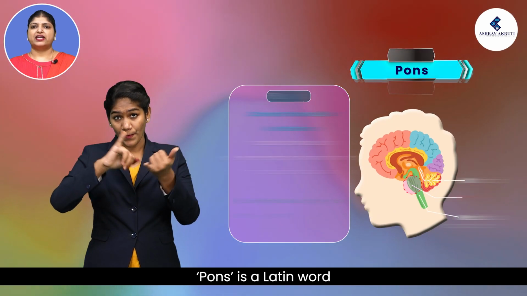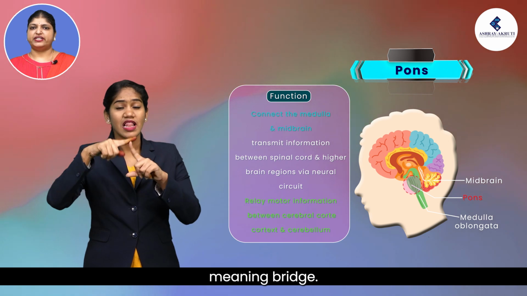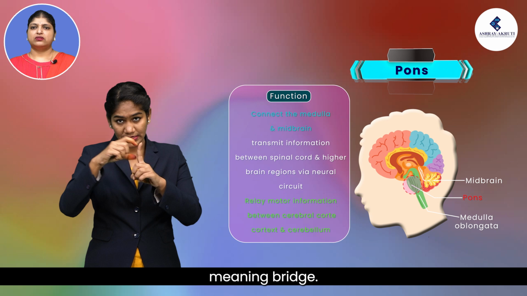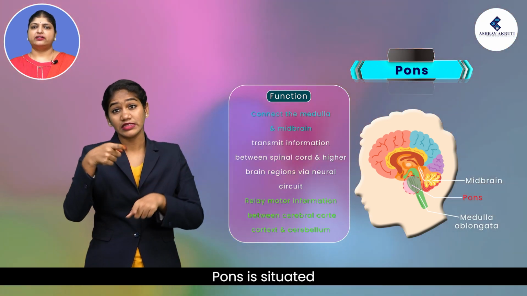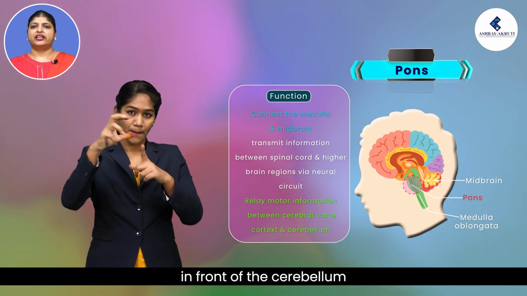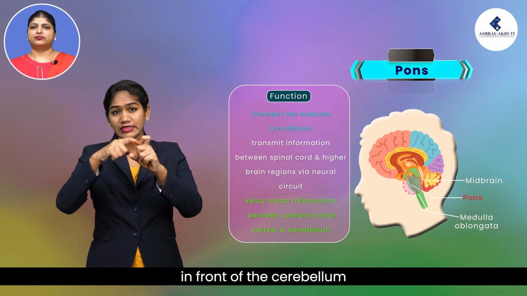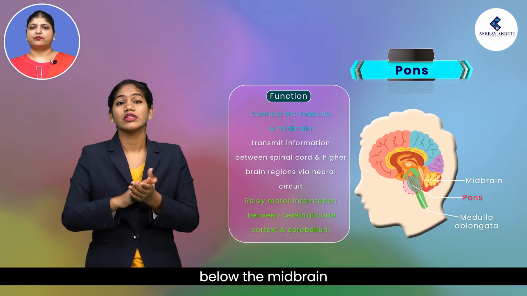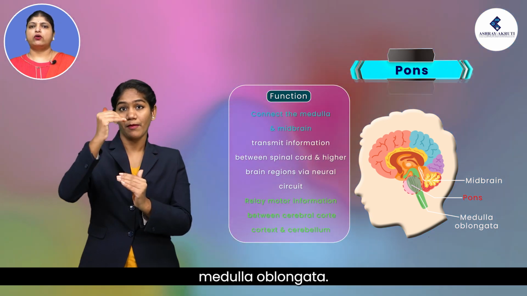Pons is a Latin word meaning bridge. Pons is situated in front of the cerebellum, below the midbrain and above the medulla oblongata.